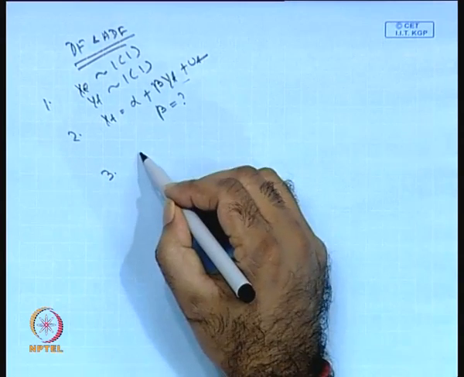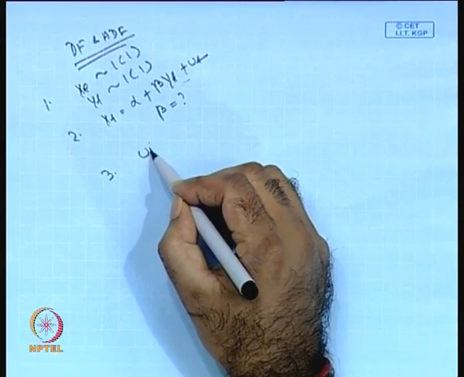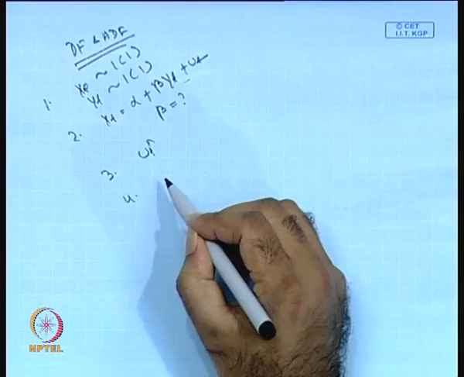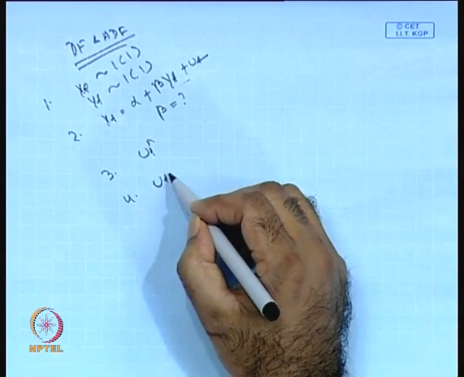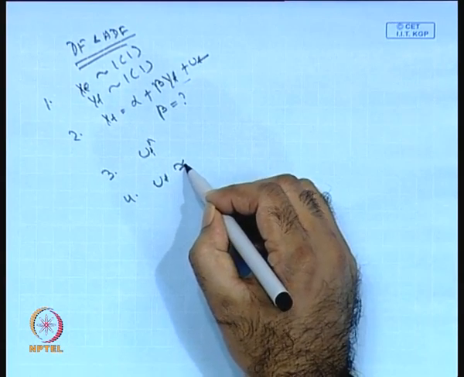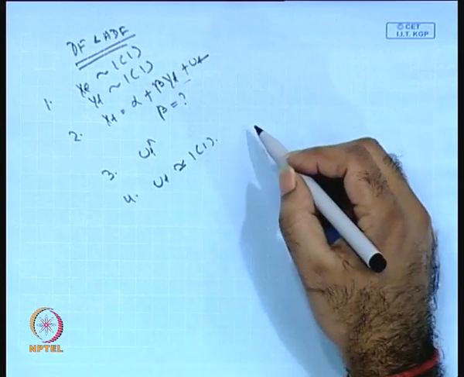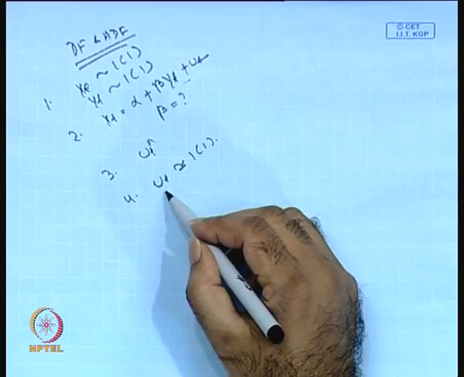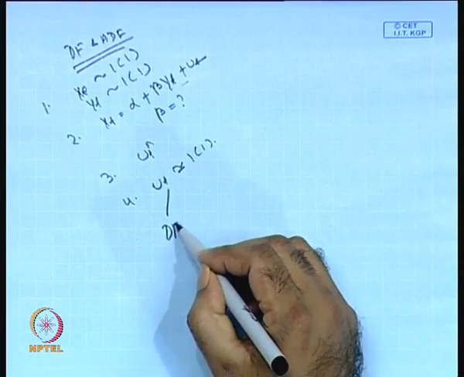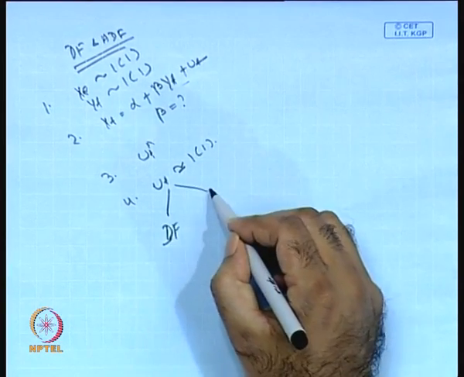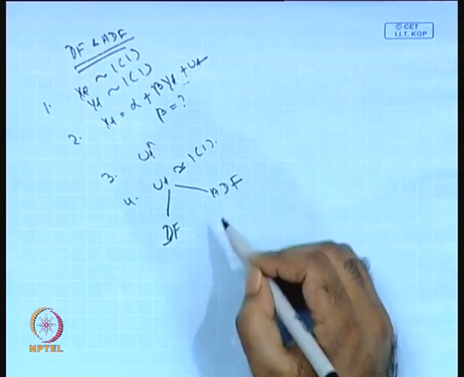Then third, you get the u t hat, and u t hat should be stationary in nature. Okay. It should be integrated of order 0. It should be stationary in nature.